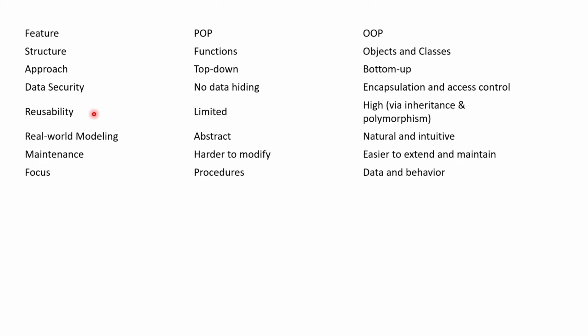Visibility of code is very limited in procedure-oriented programming, while in object-oriented programming there is high visibility through inheritance and polymorphism.